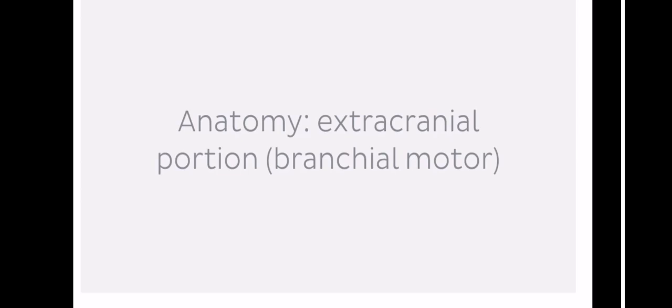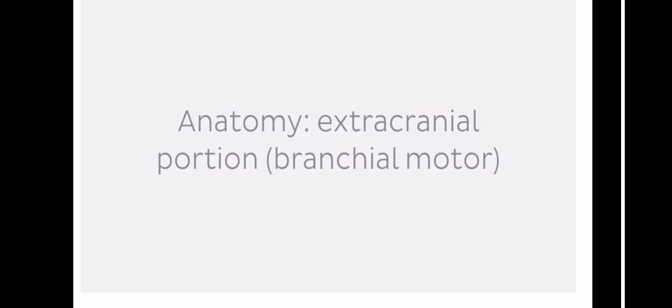Next, our part is the extracranial portion, which is also called the branchial motor portion. Now, we'll have to check what actually the branchial motor components are.